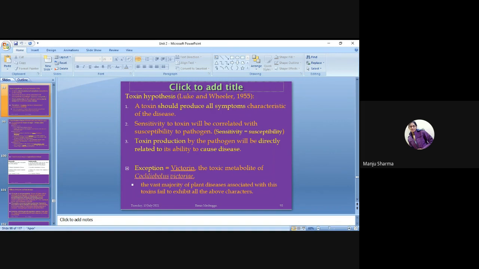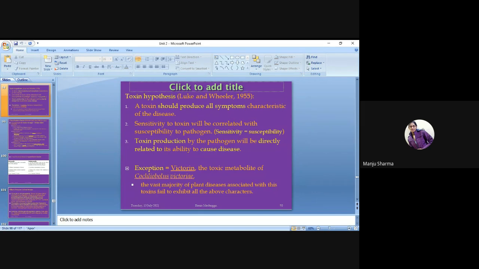Sensitivity to the toxin will be correlated with susceptibility to the pathogen, like sensitivity equals susceptibility. That means it will affect earlier.